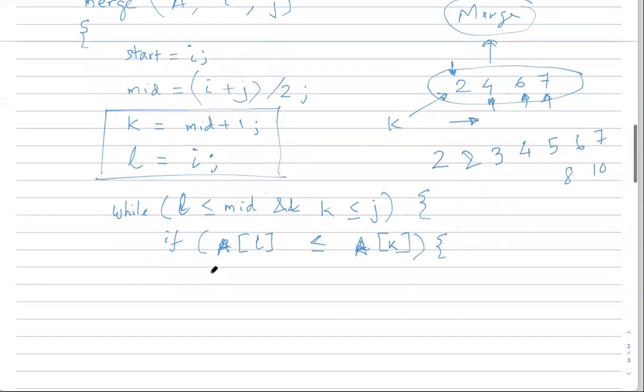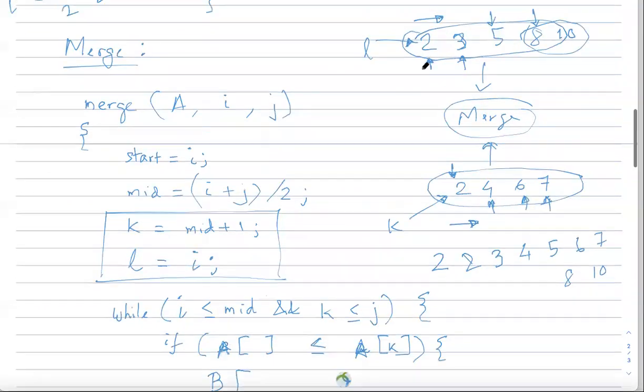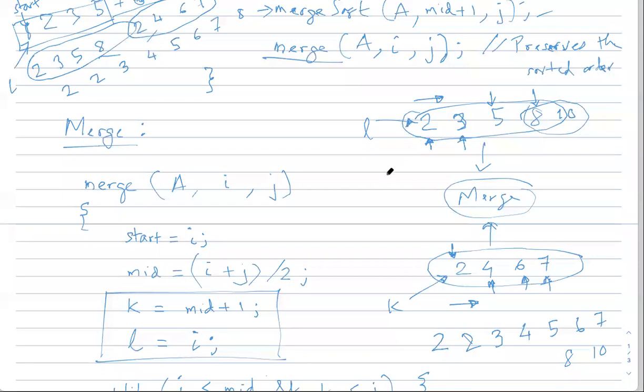Then what do you do? You have an auxiliary storage, let's say B. Let's keep this I. So this L as well as I is here, right?